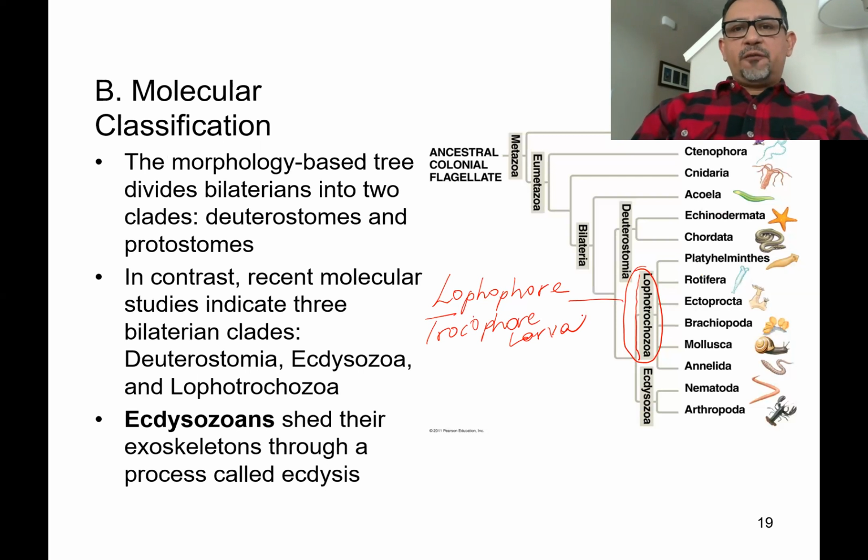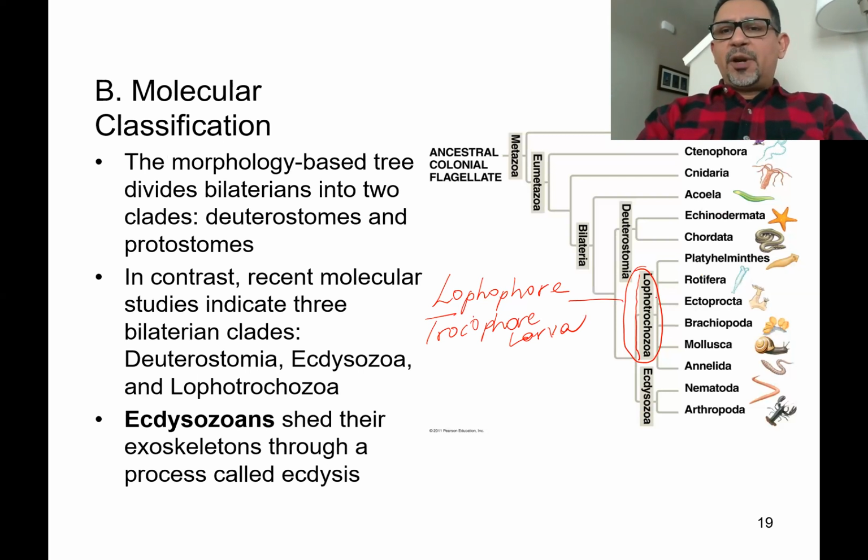And so those 2 features are going to be present consistently among members of this clade Lophotrochozoa. And the other clade we have for animals that have bilateral symmetry but are not deuterostomes are going to be the Ecdysozoans. And these Ecdysozoans, we can see 2 main clades, nematodes and arthropods.